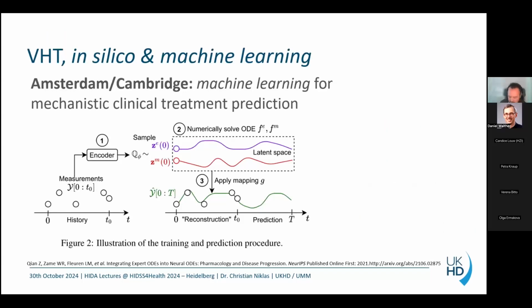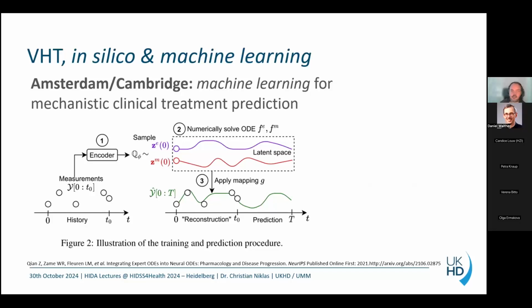So I want to close with an outlook in the sense of how can this look like? So this is something that was published by the group around Mihaela van der Schaar from Cambridge, and by the group around Paul Elbers from Amsterdam.